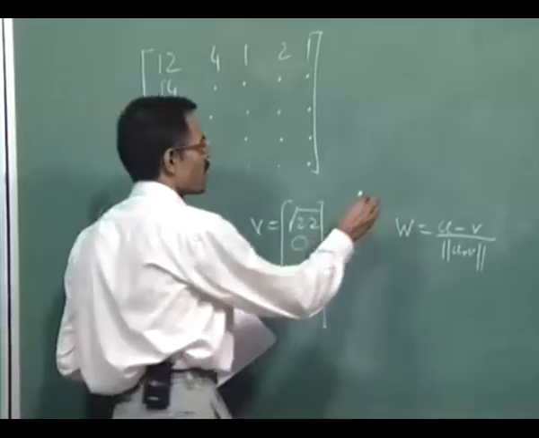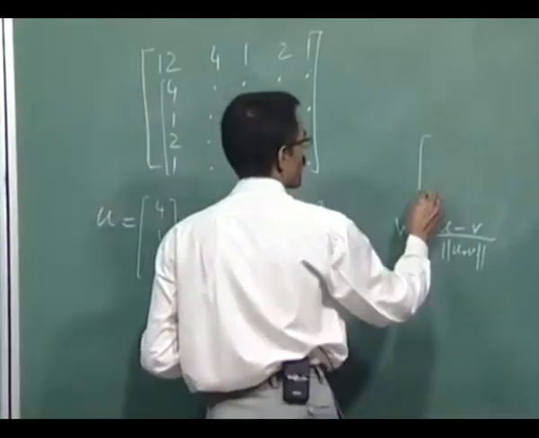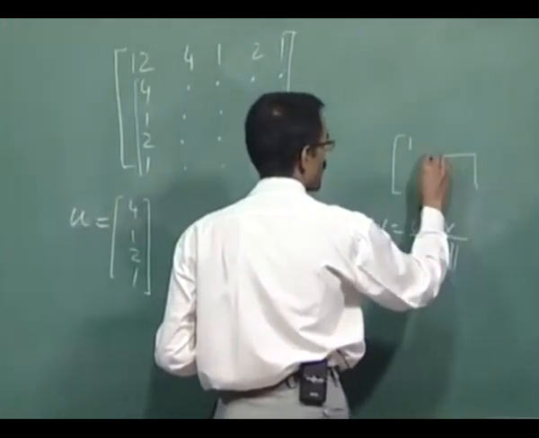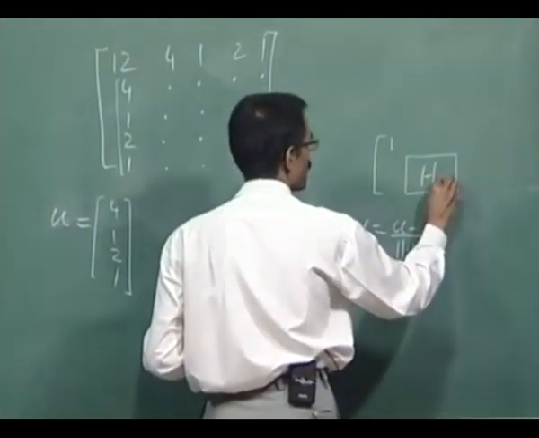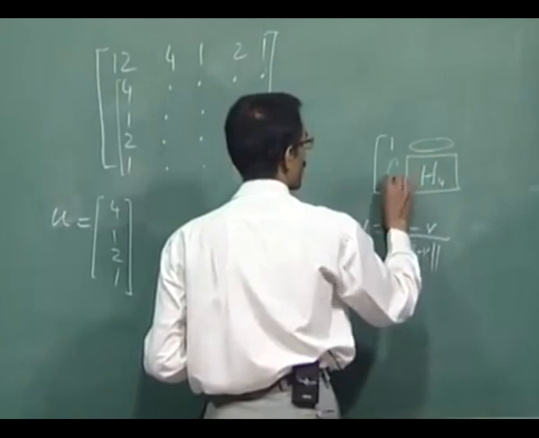That 4 by 4 matrix will be sitting here, let us call it H4, zeros here, zeros here.